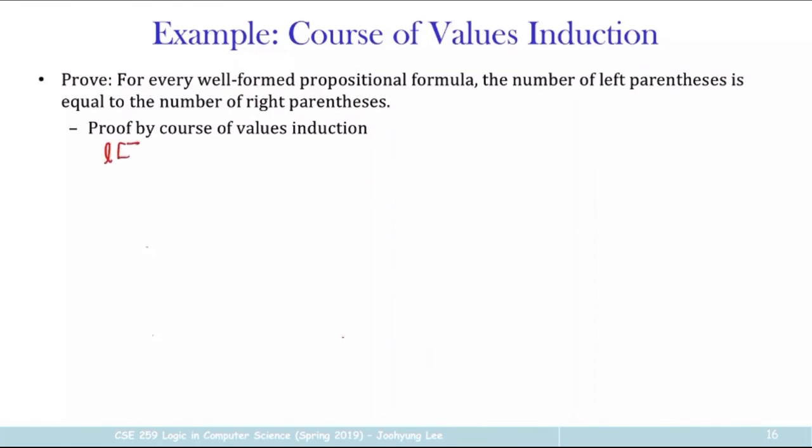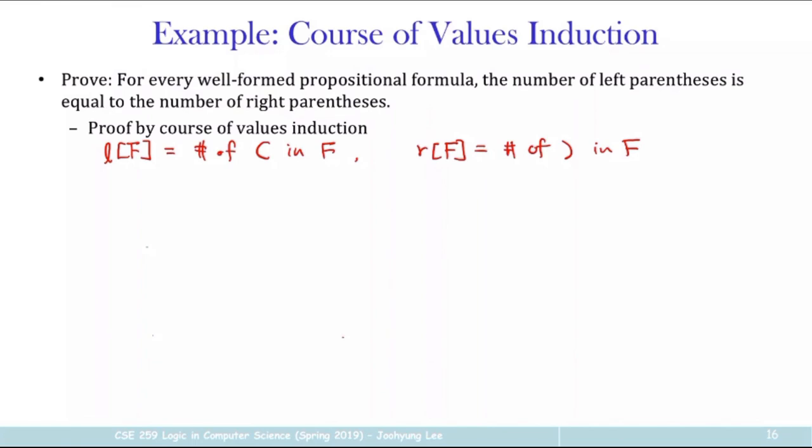I'm going to say L of f. I use square brackets just to differentiate from the parentheses in the formula. This is the number of left parentheses in the formula f. And in the same way, I will denote by R of f the number of right parentheses in f.